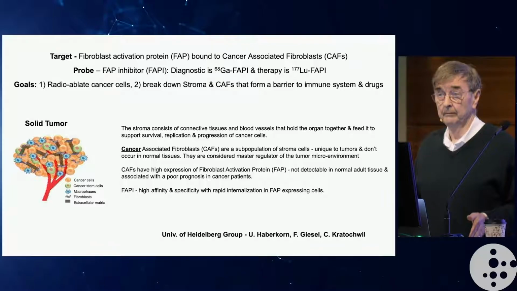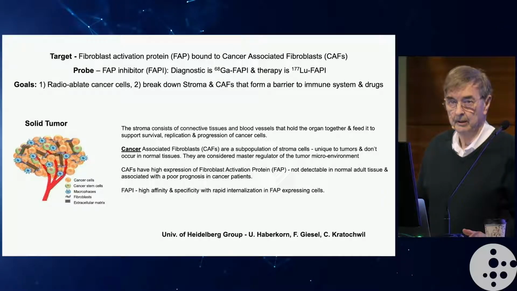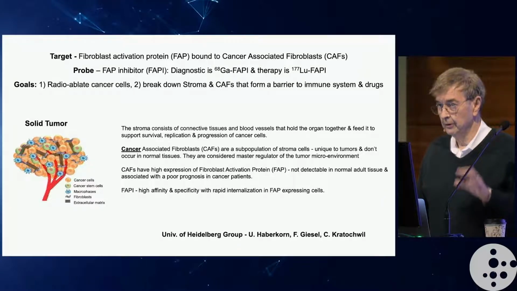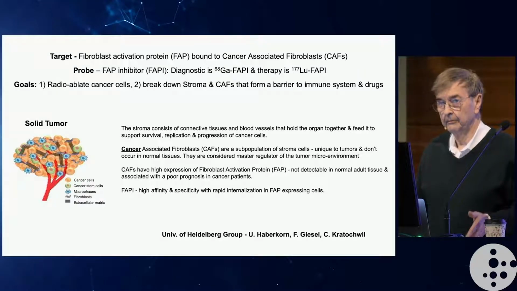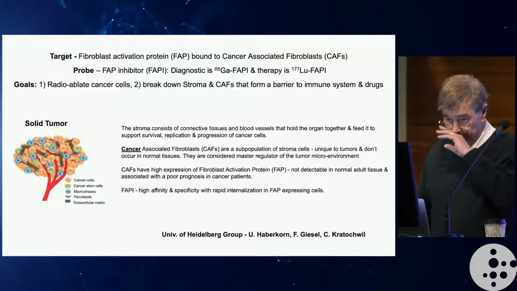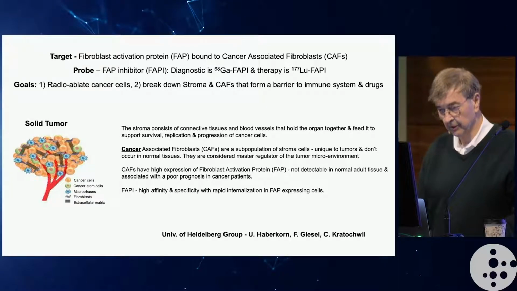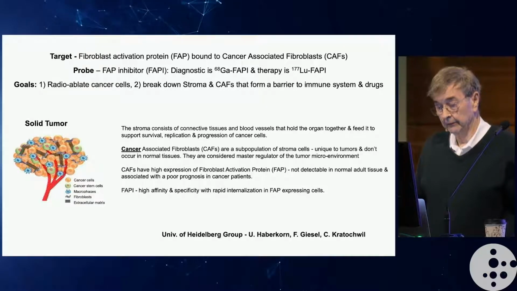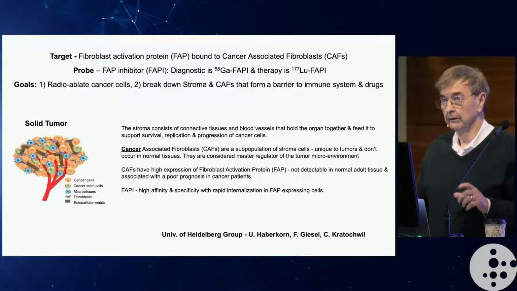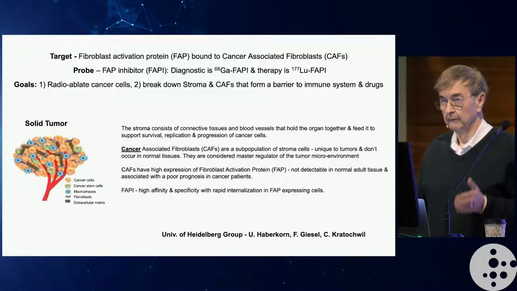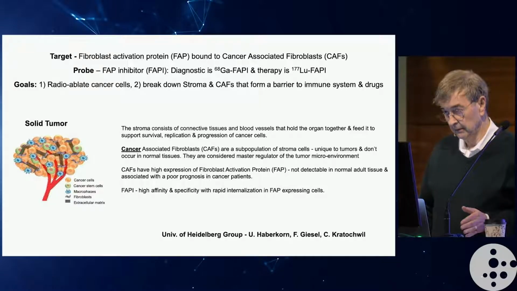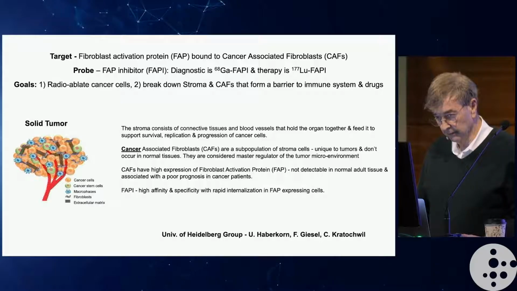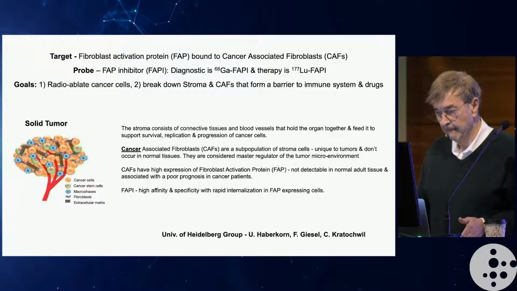Now, there have been many drug companies that have been trying to break down the stroma for penetration and immune access, but that's not been very successful to date. So the probe is actually a small molecule inhibitor of FAP with very high affinity and selectivity for FAP.